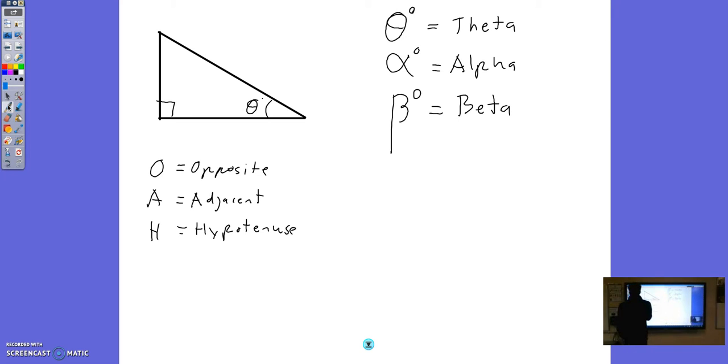Now, the one that we're going to start with is your H value, your hypotenuse. Now, your hypotenuse is always the longest side. So in this case, it is the longest side here. We're going to label it H. Remember, it is the longest side.